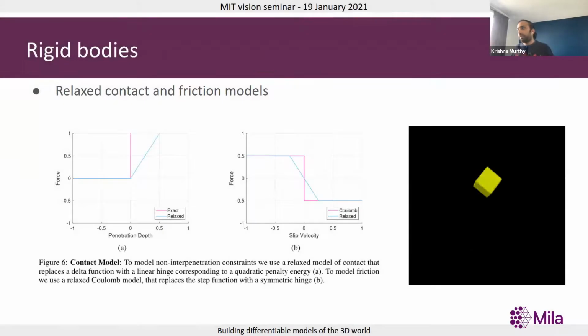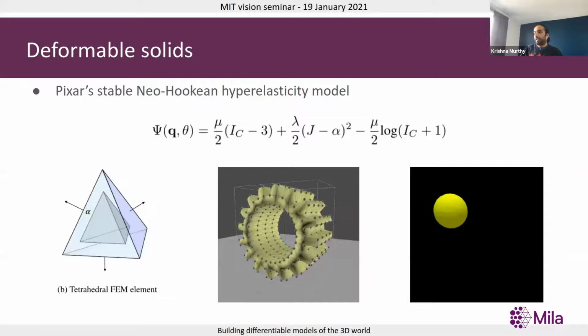We've implemented quite a few physical systems in here. There are rigid bodies, and we use relaxed contact and friction models here. So you see a rigid body, in this case just a cube. And there's support for deformable tetrahedral meshes. The thing with deformable objects is that they're solids, so you can't get away with just representing the surface.